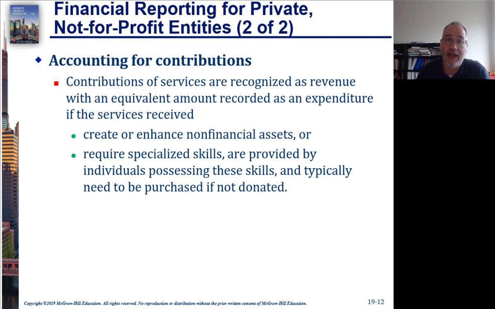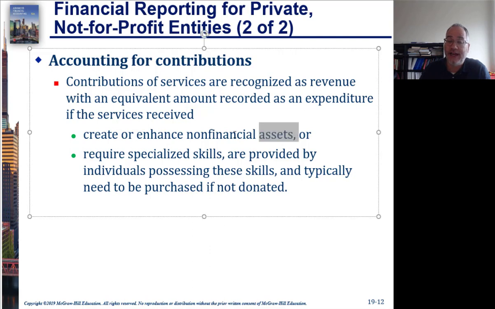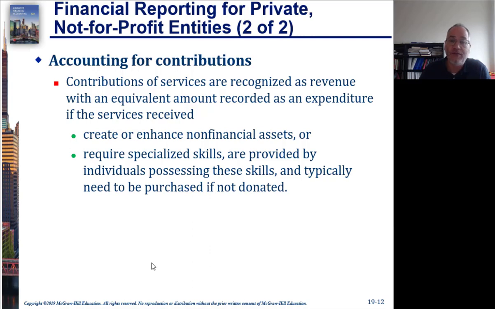If a contractor came in and said, we'll do this for you, we're going to do a little construction work for you, that would be a contribution. Not only does it require specialized skills, but it also enhances other non-financial assets. So these are recorded at fair market value.